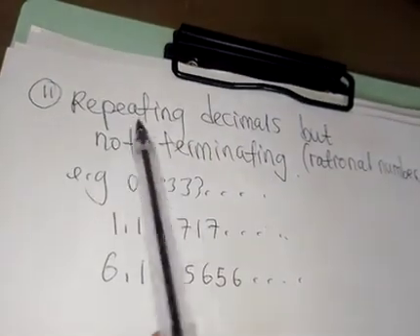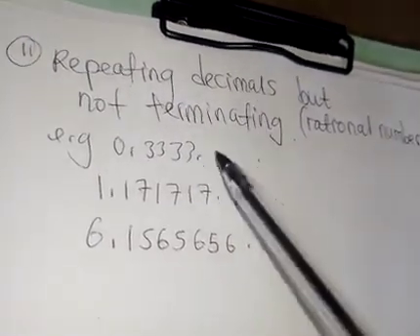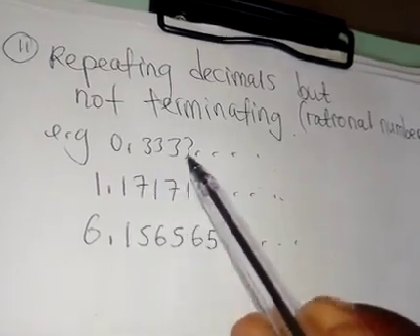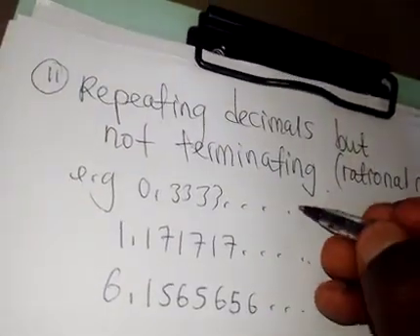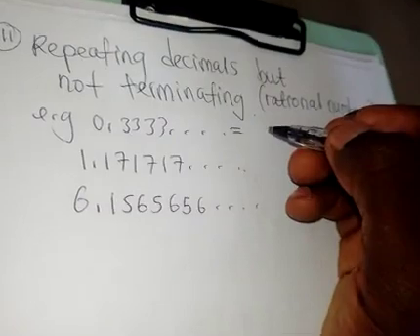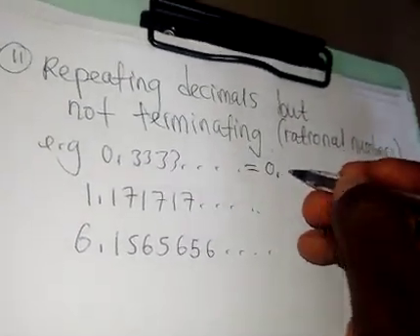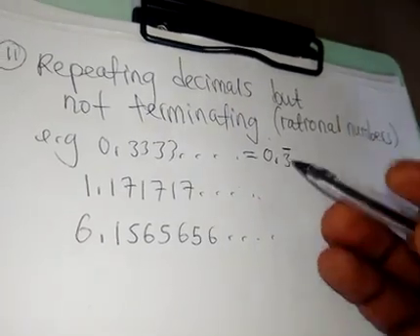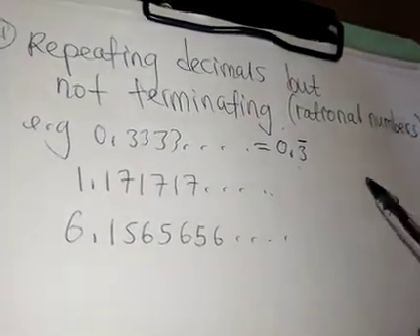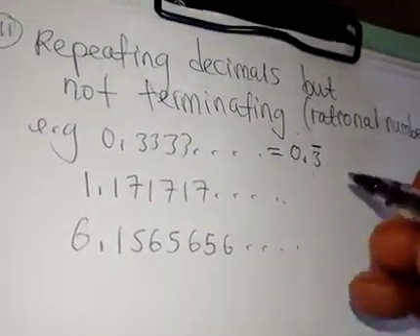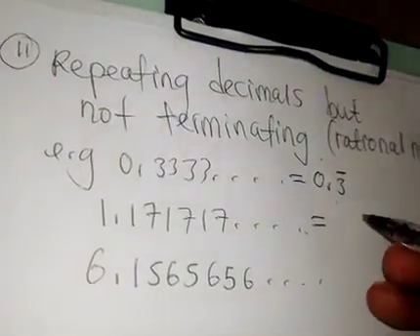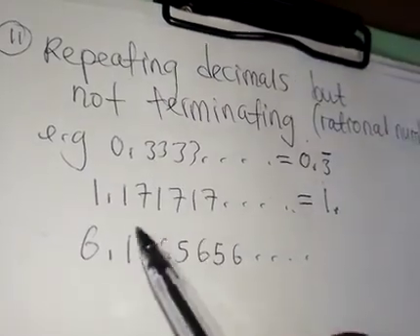Okay, so by repeating decimals, we simply mean that the 3 is being repeated several times, and this one can be shortened to 0.3 with a bar on top, meaning that 3 is being repeated several times. Even this one can be shortened. You can say 1 point, what is being repeated?